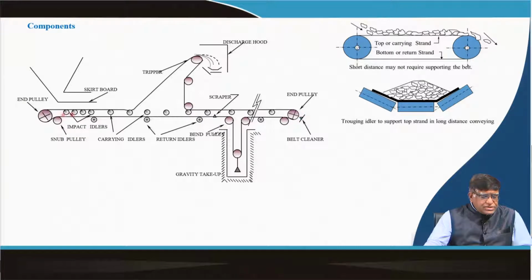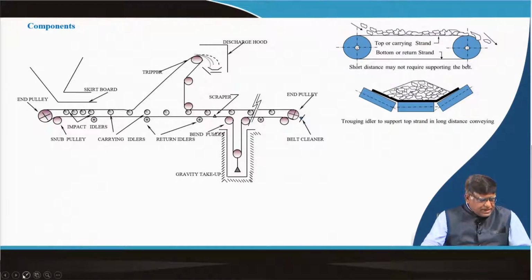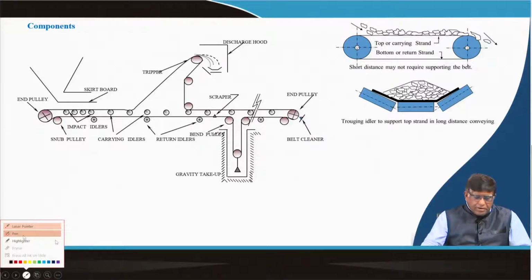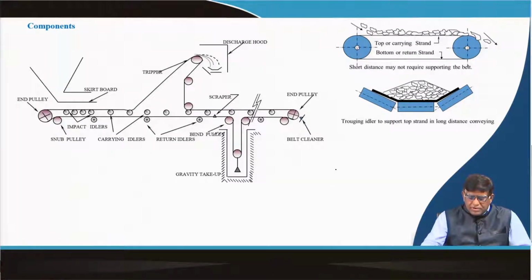Now, you can see these circles here are the sectional view of the rollers. A roller is called an idler. This will be a cylindrical surface, a cylindrical roller like this, which can be hollow inside.